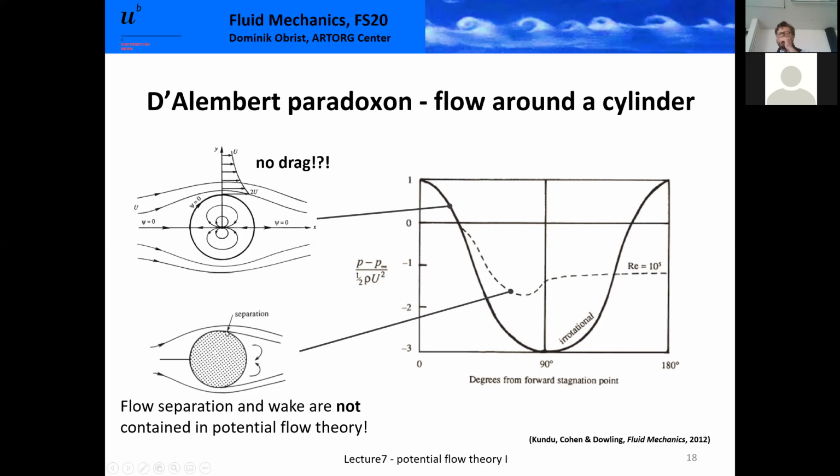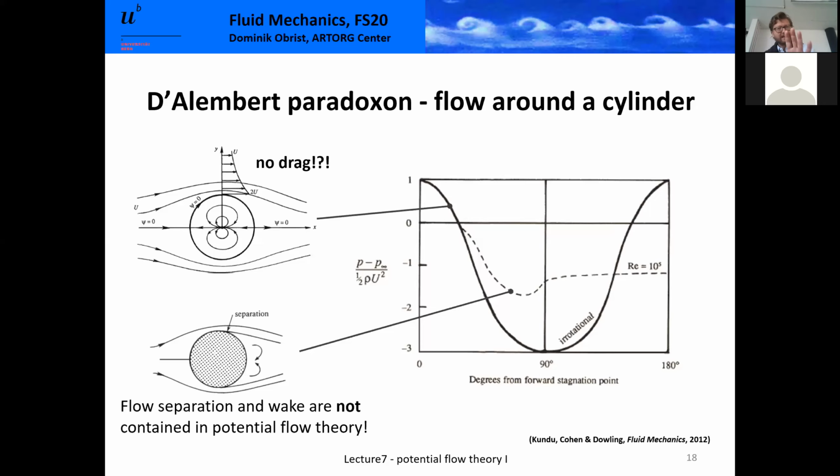So separation is a boundary layer phenomenon, and it will have an effect which also directly affects the outer flow field. So there we have an interaction between boundary layers and outer flow, which is not covered by potential flow theory by itself. And that's the reason why potential flow by itself does not work, why we always need to combine it with boundary layers. That's why we do both things and not just one of the two.